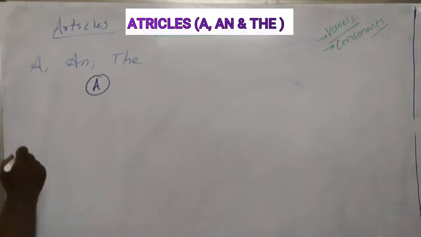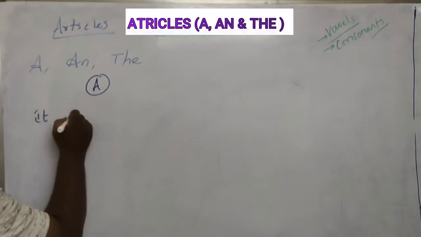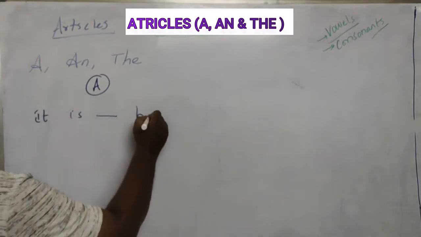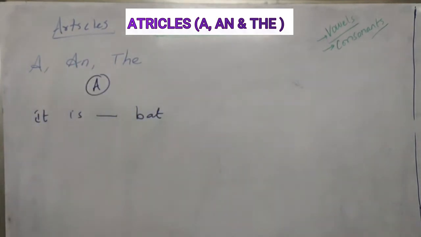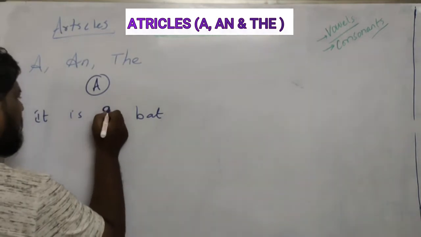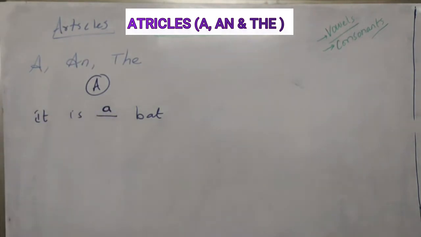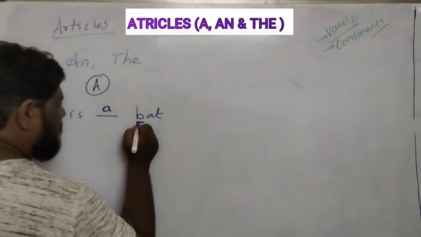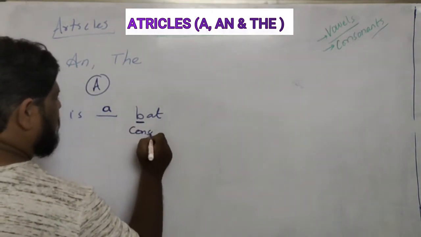Now, for example, if I say it is dash bad, what is the article we are going to use here? Basically, you'll say A. But why are you using A here? What is the reason behind that? Because see here, this is a consonant.